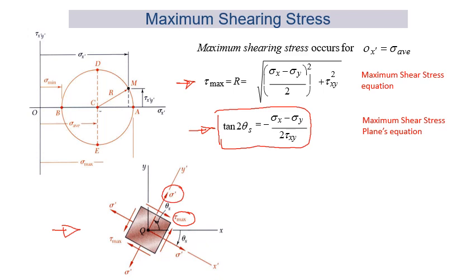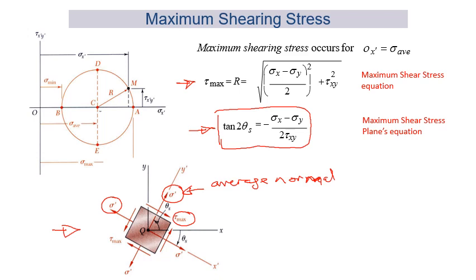Now, if you notice, the normal stress will be the same on all the planes. Whether it's sigma x prime or sigma y prime, it will have the same value. Now, this stress value here is called the average normal stress.